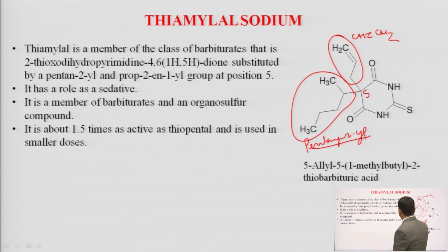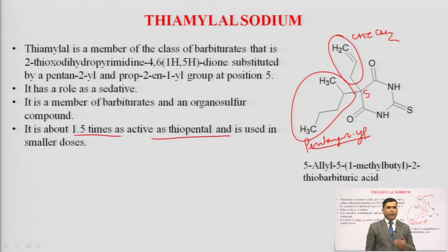That is why we call it a 5,5 di-substituted barbituric acid. The complete name of thioamylal sodium is 5-allyl 5-methyl 1-butyl 2-thiobarbituric acid. If we compare the activity of thioamylal with thiopental, it is 1.5 times more active than thiopental, and that is why we use it in smaller doses.